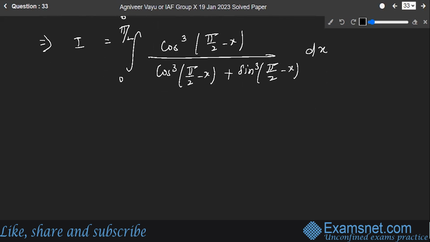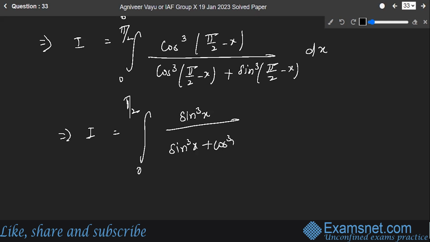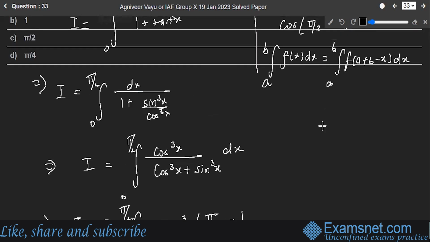So I is equal to integral 0 to pi by 2, this will be changed into sine cube x divided by sine cube x plus cos cube x dx. Let's say this is equation number 2, and I will call the first equation number 1.